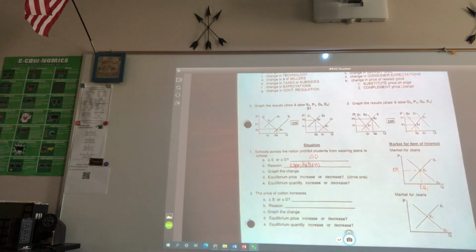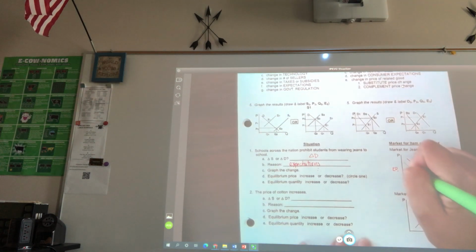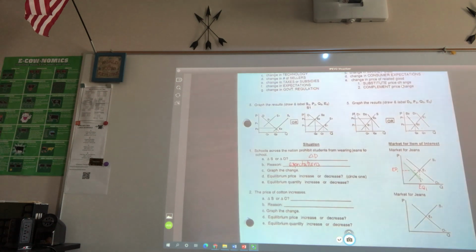Now, let's look at what happens to my demand curve. Y'all said the demanders, are they gonna be demanding jeans or not? No. They're not, okay, so then my demand curve goes which way? To the left. So let's see what happens.